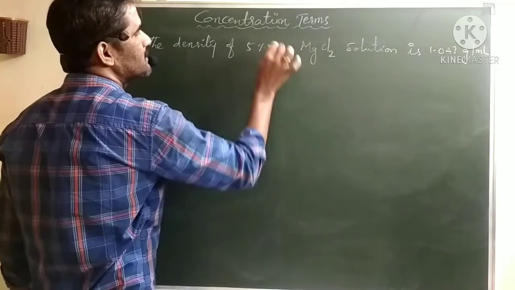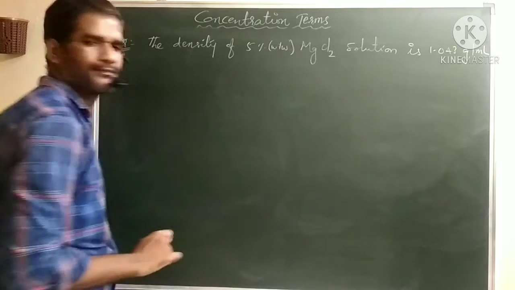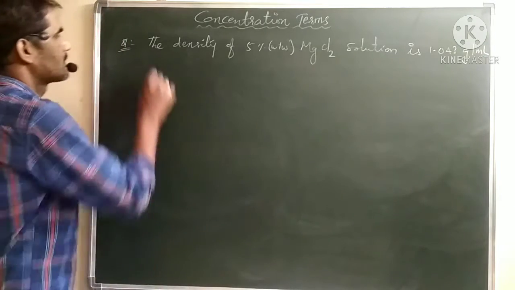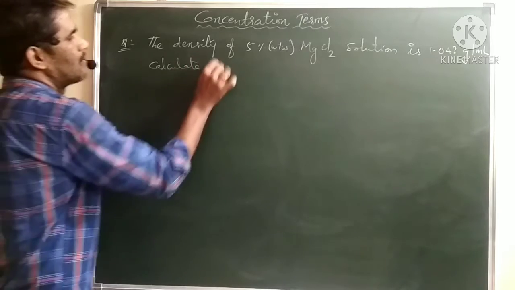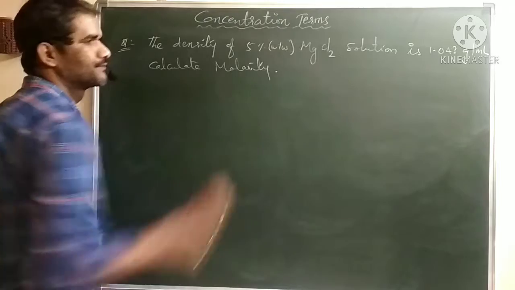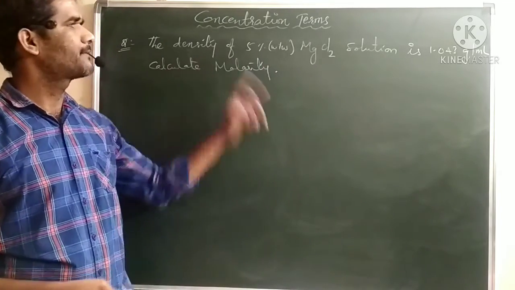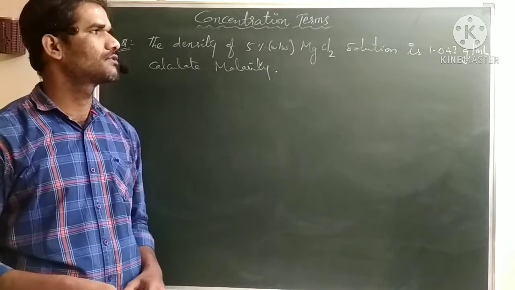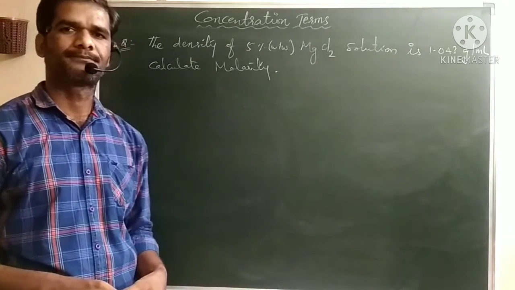Here 5% is weight by weight percentage. Then calculate the molarity. What is the molarity of MgCl2? Here it is a 5% weight by weight MgCl2 solution and the density of that solution is 1.043.